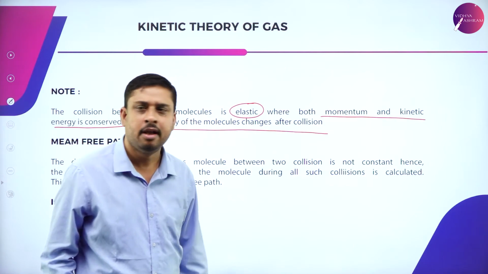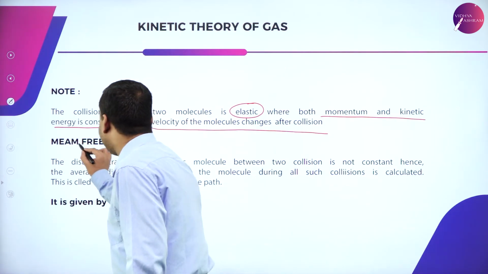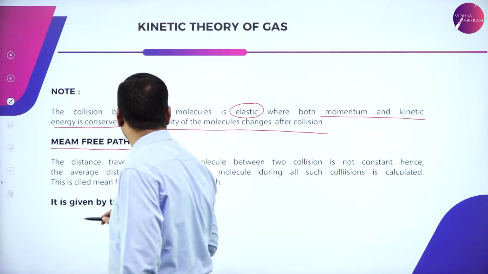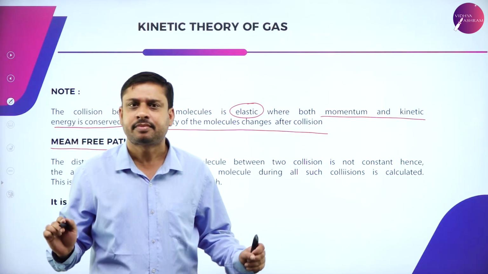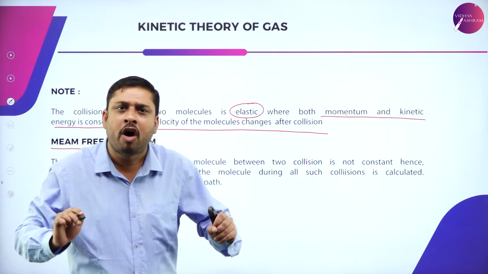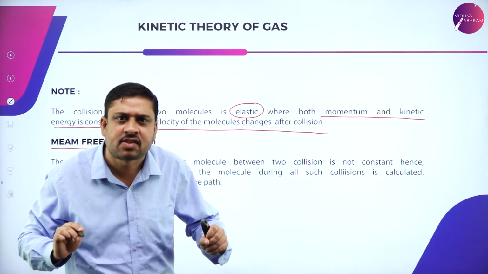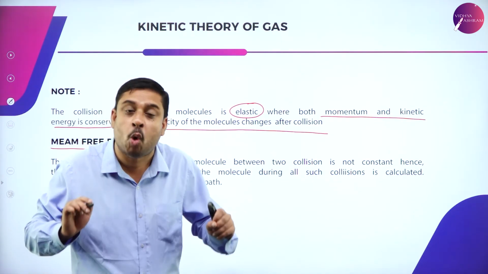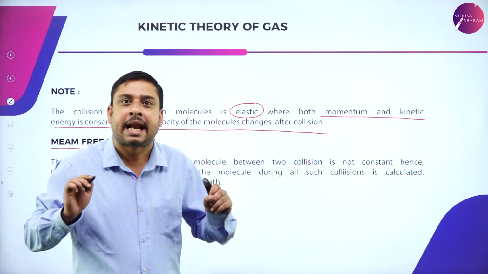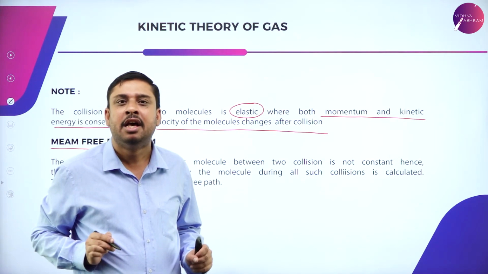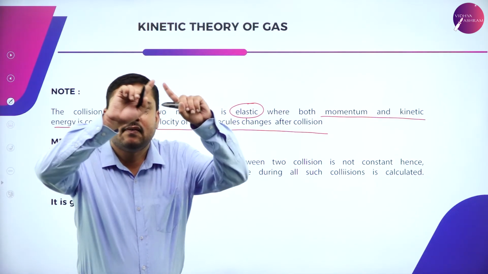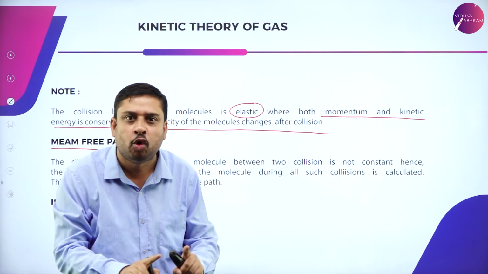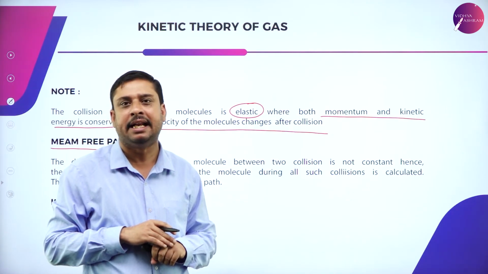Now, we will take up the concept of mean free path. I told you the molecules of a gas move randomly in all possible directions within the volume of the container.